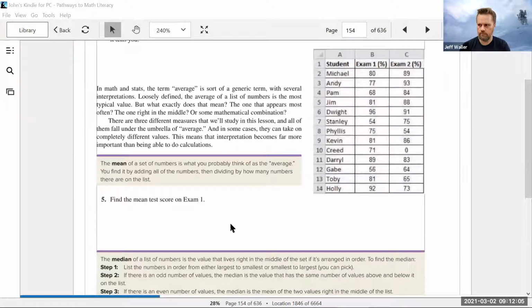A 1,001. All right, now think about what you just said. If the average grade was 1,001, that doesn't make any sense.